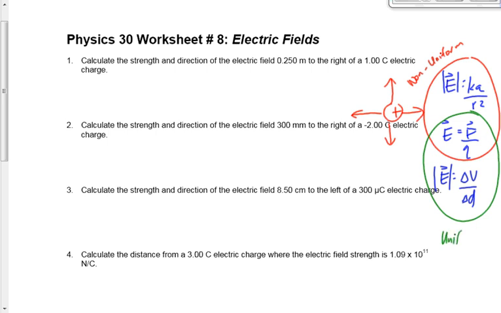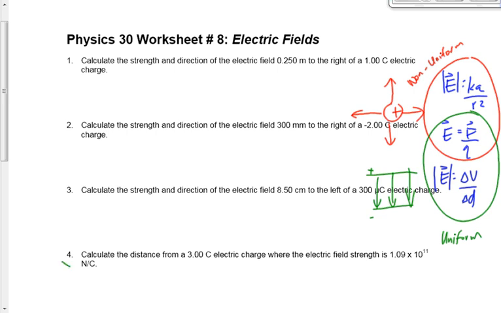We have a uniform electric field when we have 2 charged parallel plates, or something like 2 charged parallel plates, producing an electric field where the field lines are equidistant apart and parallel to each other. Now that middle equation, we can use whenever we want. As long as we have an experiencer, whether it's a uniform or a non-uniform field, as long as we have something feeling that field, we're allowed to use that middle equation.